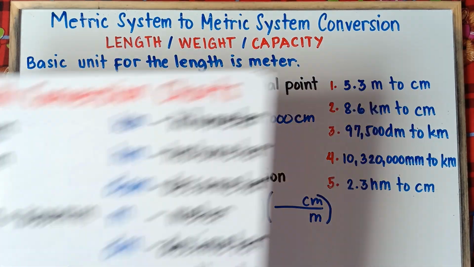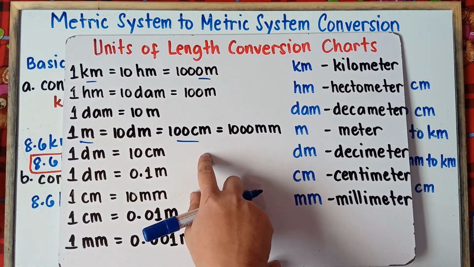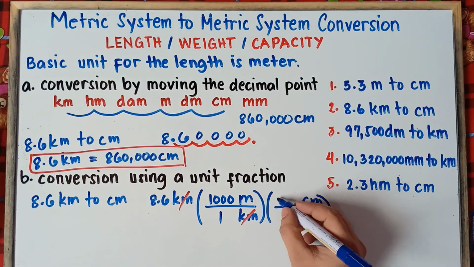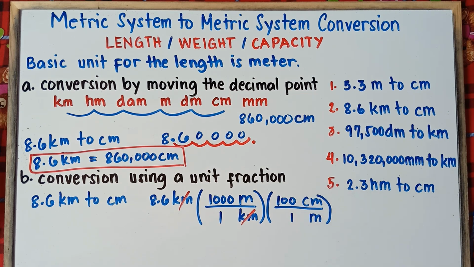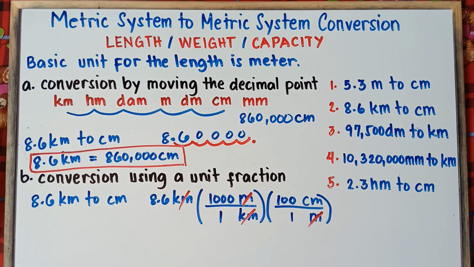Now for meters, class, once again, 1 meter is equivalent to 100 centimeters. Do not forget, if this is meter, the units on the denominator must also be meter so that we can cancel out the units. Alright, and then we can put a denominator of 1 for our given.